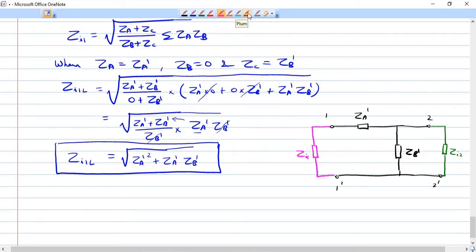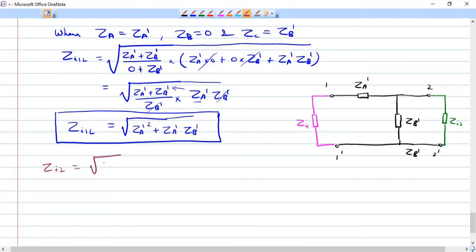Now what about the expression for Zi2? The general expression is square root of (Zb plus Zc) divided by (Za plus Zc) into sigma ZaZb. So this is our image impedance for an asymmetrical T network.